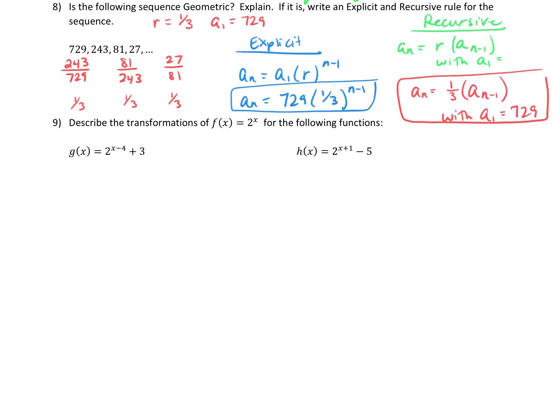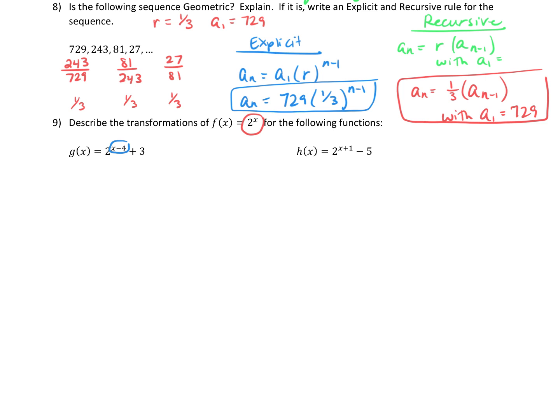All right, last question. Describe the transformations of f of x equals 2 to the x for the following functions. All right, so if I look at g of x equals 2 to the x minus 4 plus 3, so what changes did we make? We subtracted 4 from the x. Any change we make to the x is going to be a horizontal change, and this is going to be our tricky x.